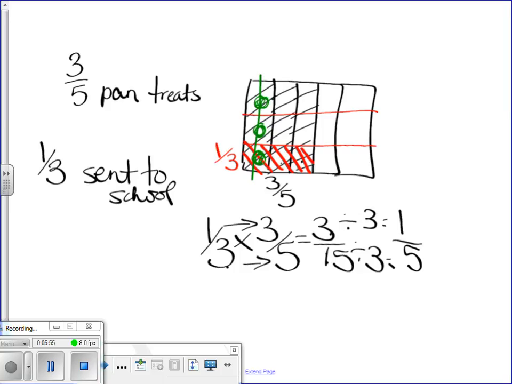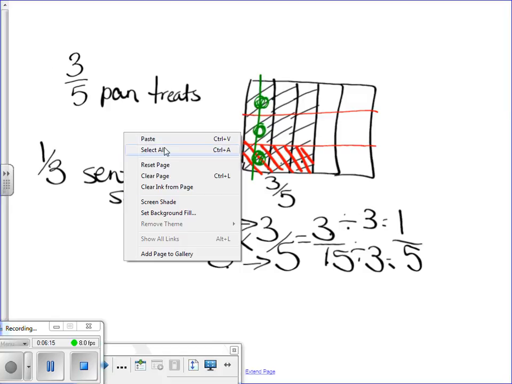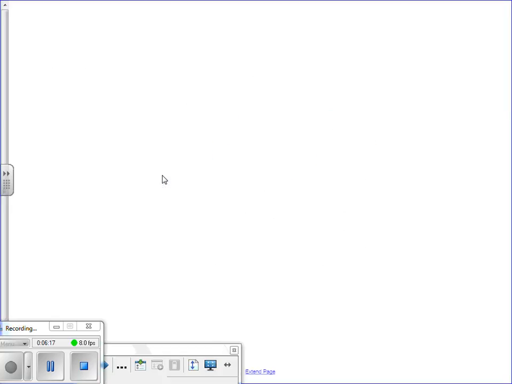It really is 1/5 of them colored in. So I don't add anything. I'm multiplying and dividing.